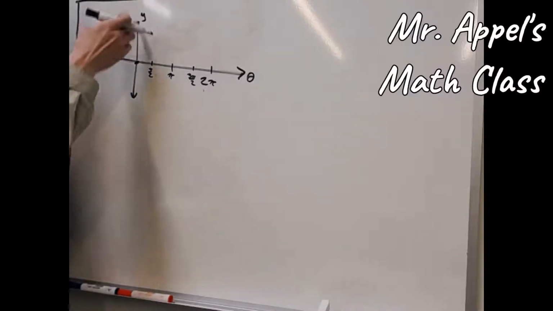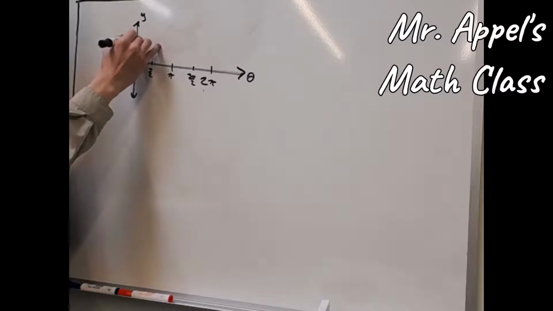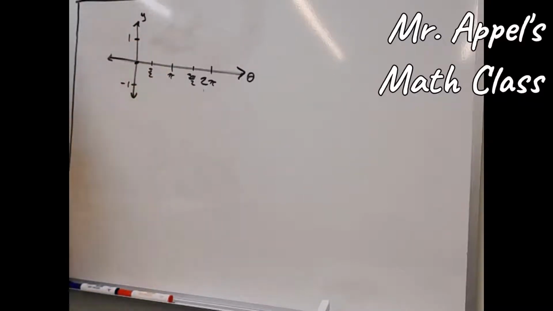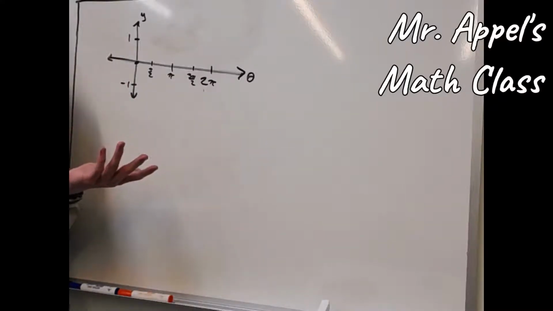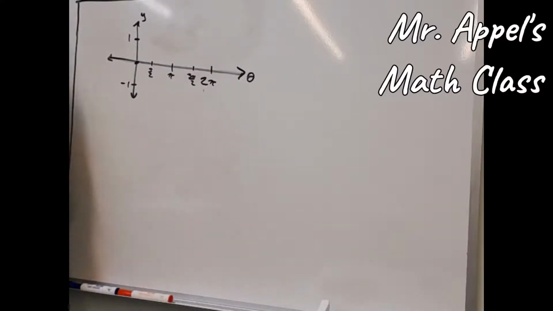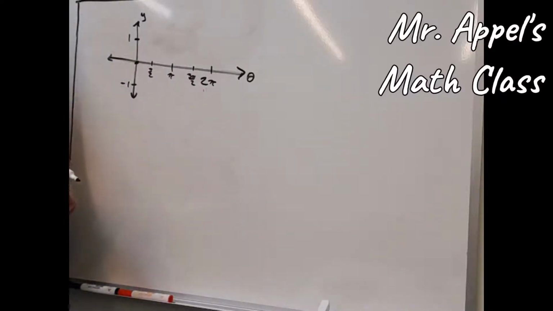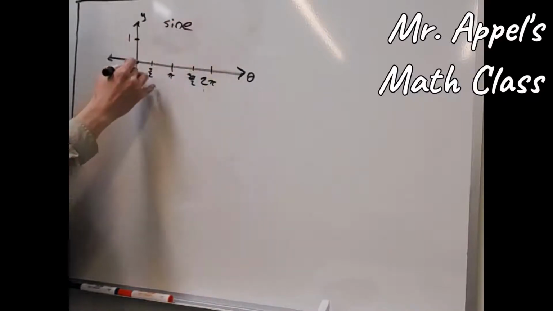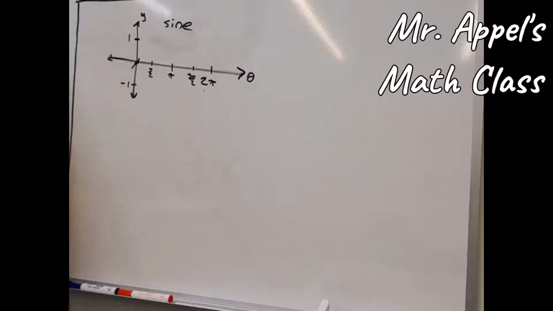Next, scale your y-axis. I'm going to go to 1 and -1. If we're on the unit circle, that's how far I can go. And now we draw in a curve, depending on what curve we want to start with. Sine starts at 0, has a positive slope through 0.